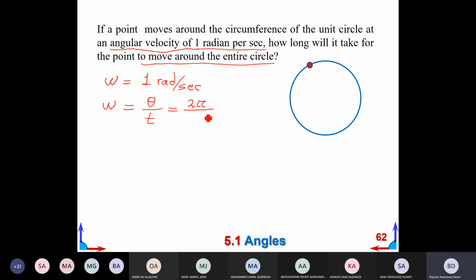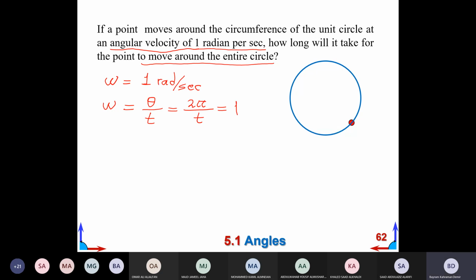Shabab, you guys are still talking about 360. 360 is the degree measure. We are using radian measure, right? Please get used to this radian. You got stuck with the degree still. So 2 pi divided by time, and the angular speed is 1.